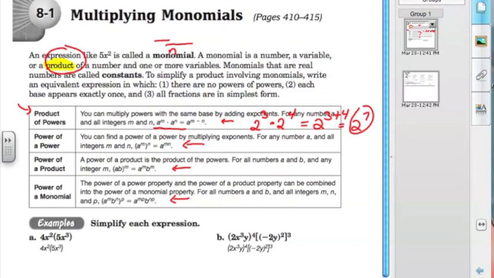The next example, the power of a power, as you can see in the example right here, you would just simply multiply your exponents. Now, the reason for that is, I want you to think of grouping. If you had 2 to the third power, and you had 3 of those, the exponent outside the parentheses actually means you have 3 groups of that. You're cubing it.